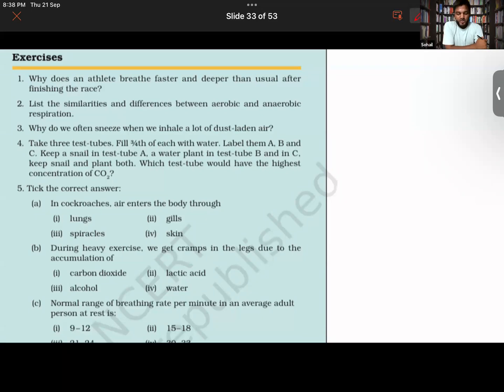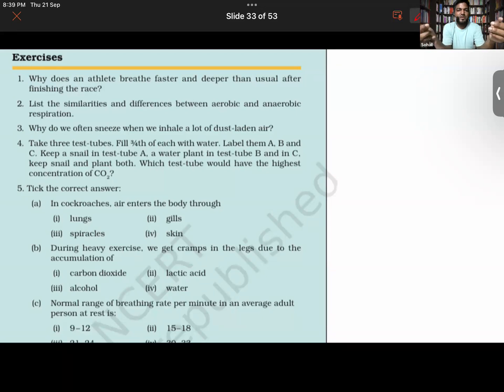Exactly. Look here. While the athlete was running, the majority of the oxygen taken up in the process of breathing was utilized to provide the energy to run. Once the race has finished, the person still breathes very heavily and takes deep breaths, because the person is tired and all the energy has been exhausted.